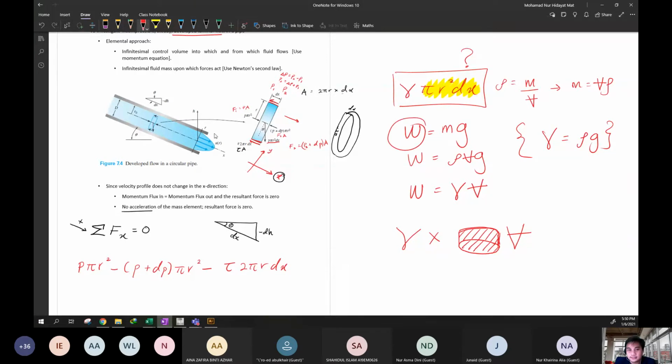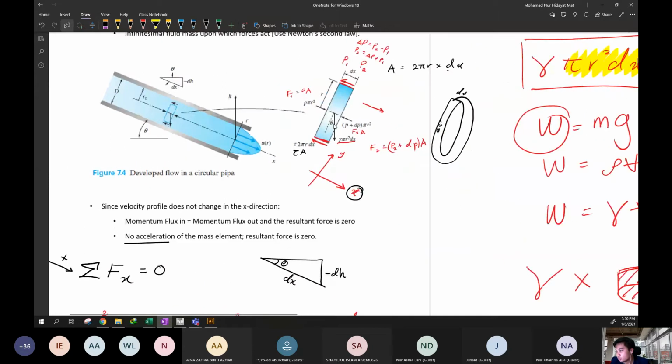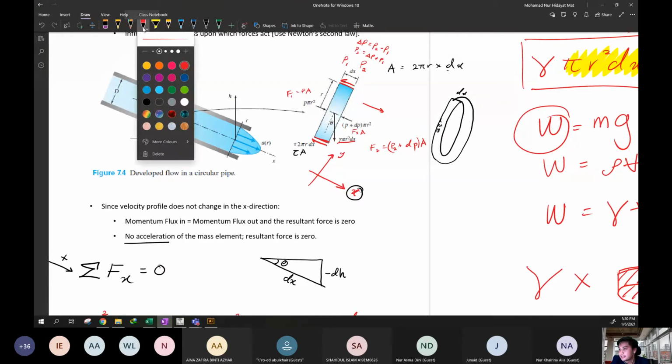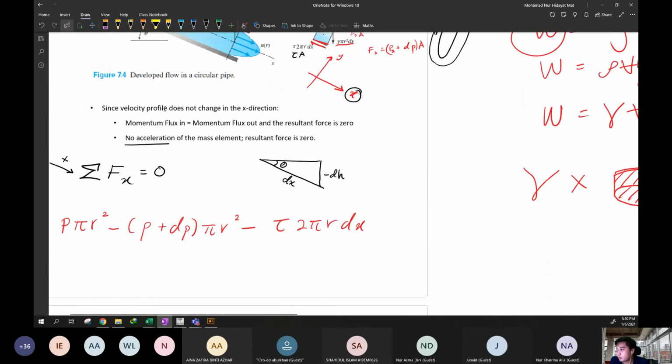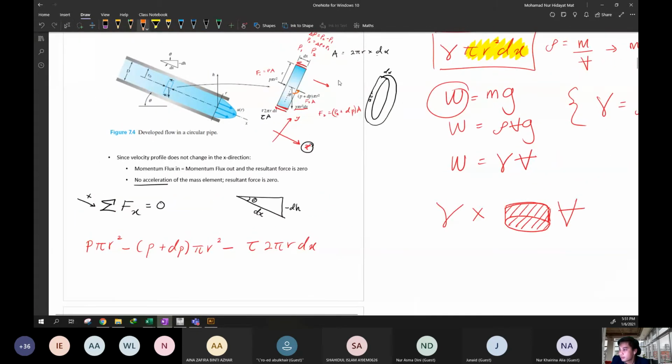Okay, so we have the weight. Weight is a force, so we have to consider the weight inside our equation. What's the direction of the weight? Always toward the gravity. When we consider the x direction like this, let's make the weight in this direction. Is gamma pi positive or negative? Positive, because it is the same direction.